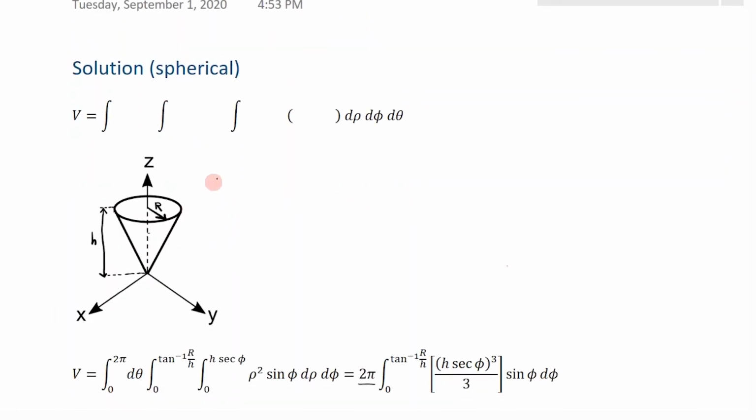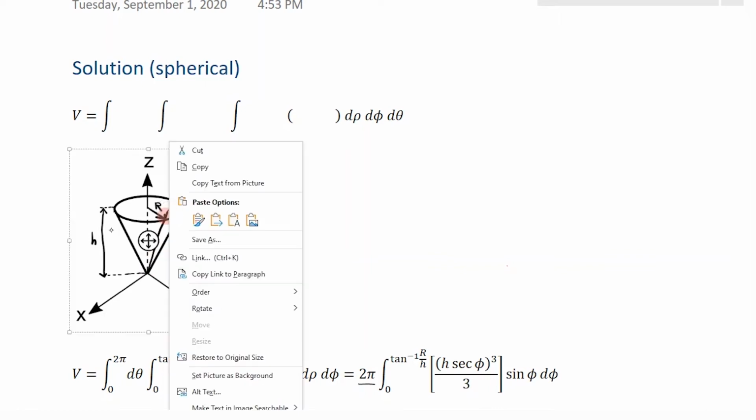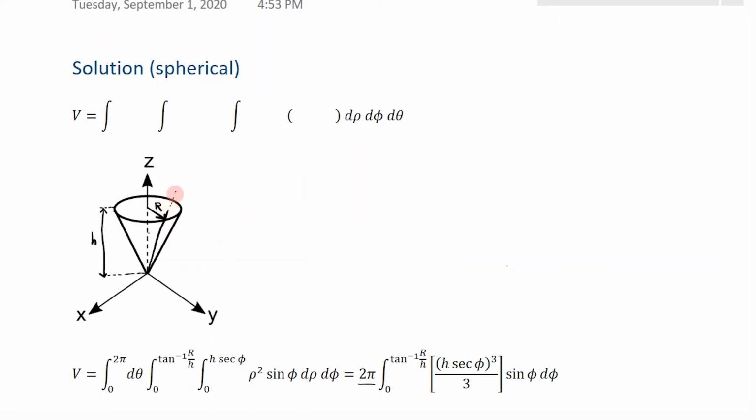With d rho, you know that this is the innermost integration, and by the time you get here, phi and theta are fixed, and what you have is integration over lines that go outward from the origin, and rho is increasing all the way until it hits this surface, and then it stops there. So you go this way until you hit that surface.